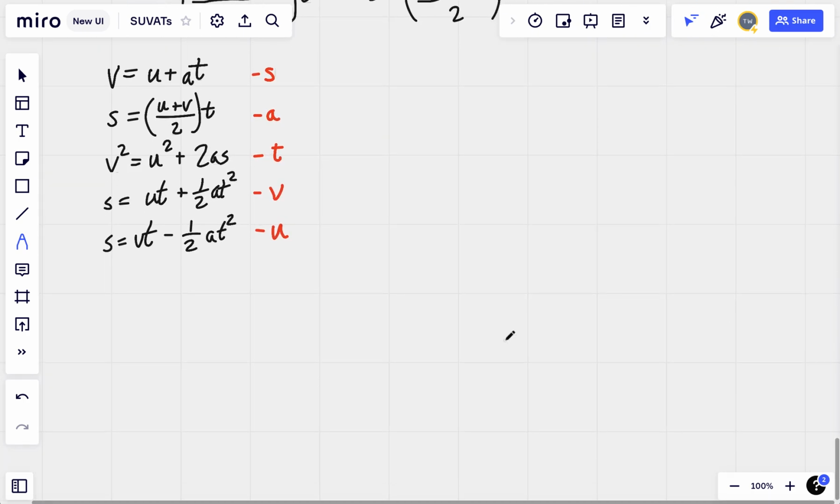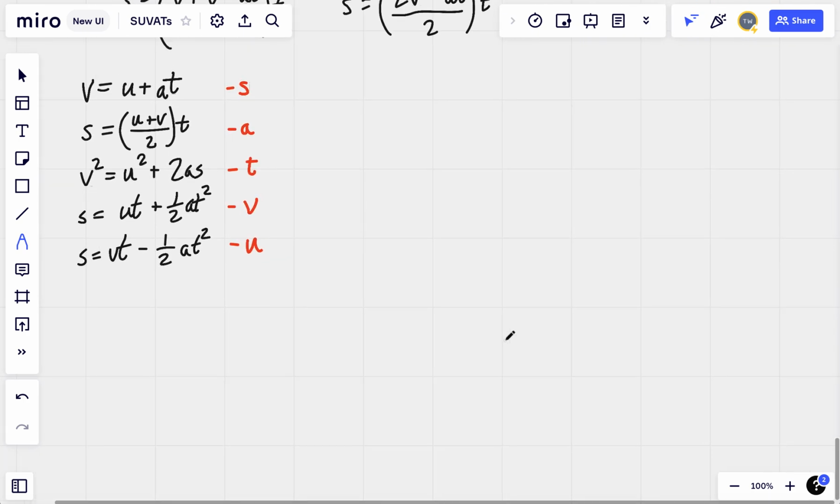So if I just leave that there, here's some fantastic advice: every time you do a SUVAT question, write down S, U, V, A, and T. Every single time you do a question. Now this helps you because it helps you work out what you've got, what you need, and then which one of these to use.